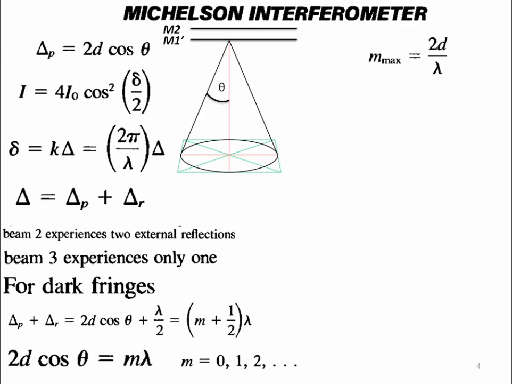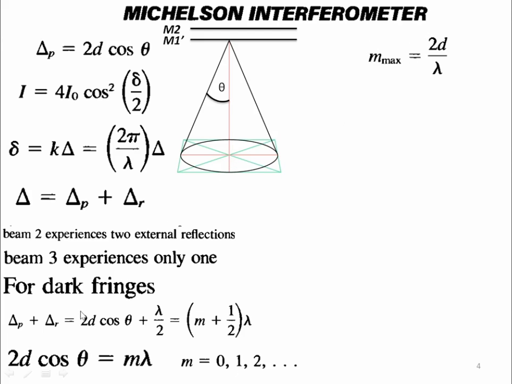On the optical axis, the center point refers to the central fringe. Will it be dark or bright? Depending on the separation here, it can be dark or bright. So what will be m max?